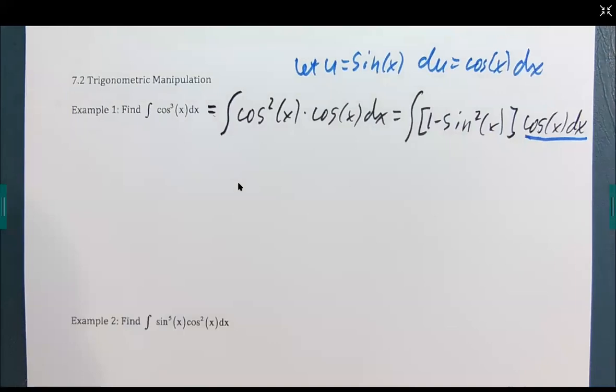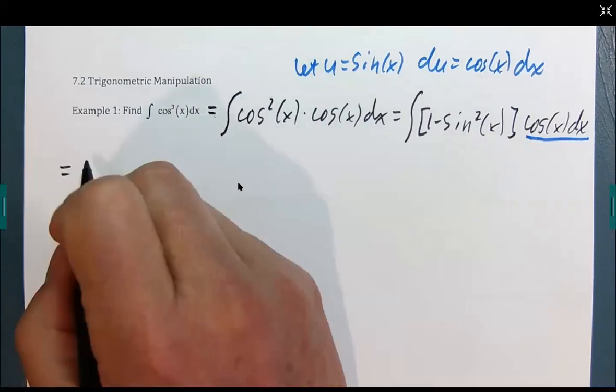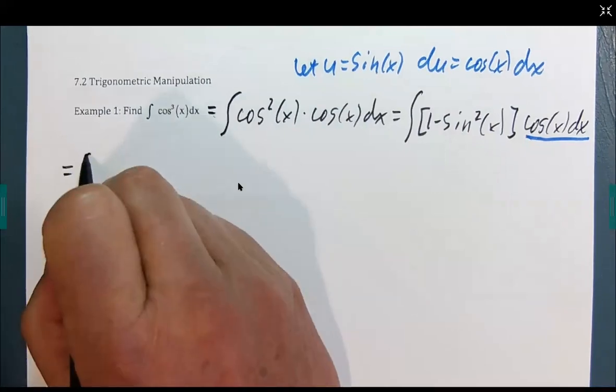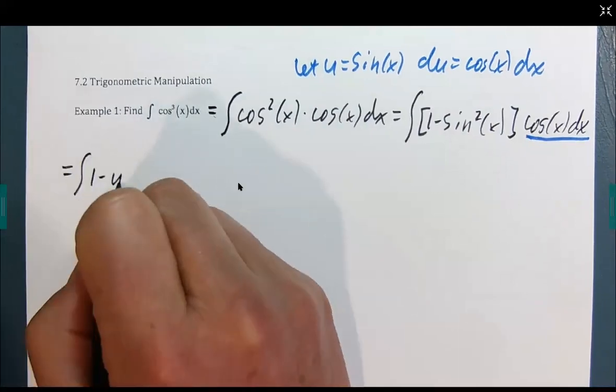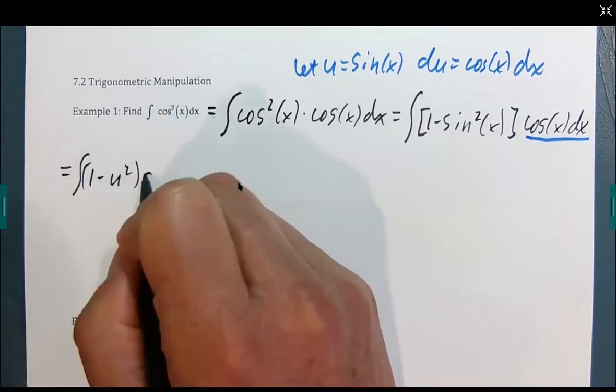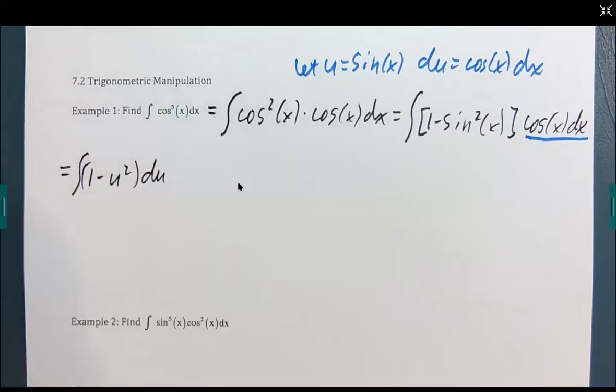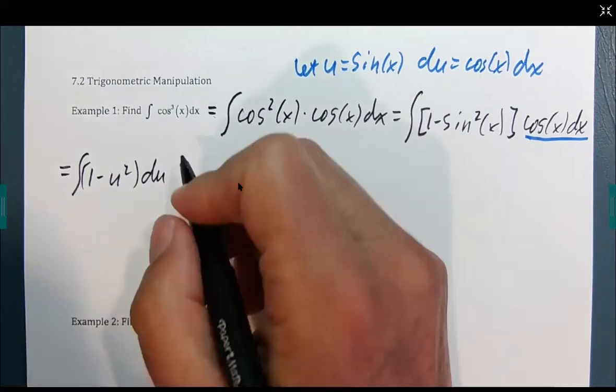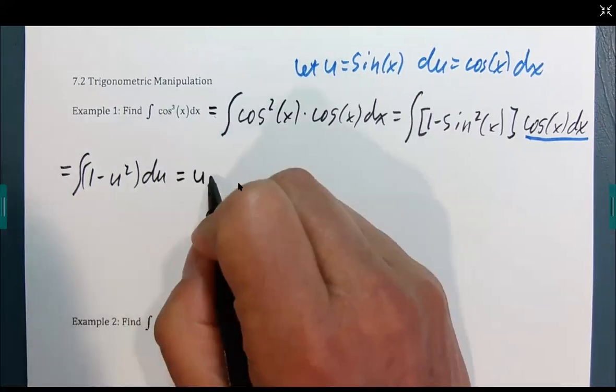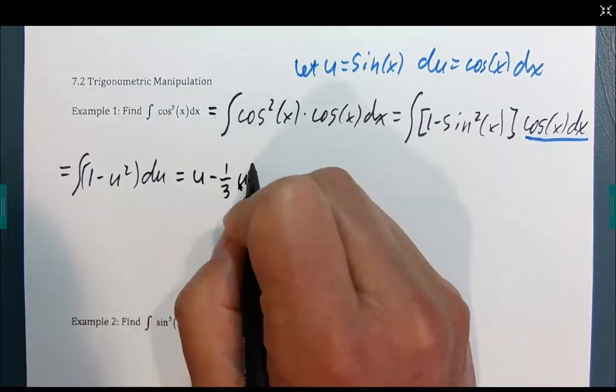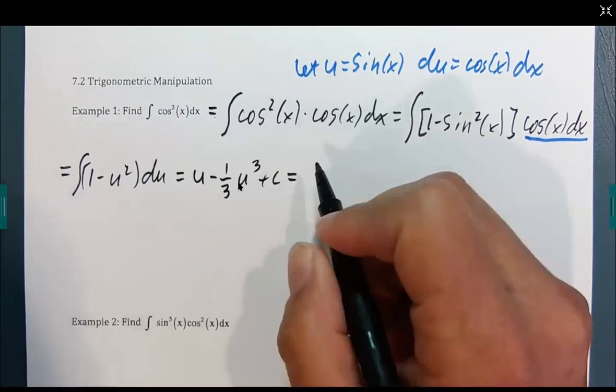So we're going to intentionally try to induce that each time for many of these today. So this becomes 1 minus u squared du. And now it's just power rule, which is easy enough. And then we substitute back.